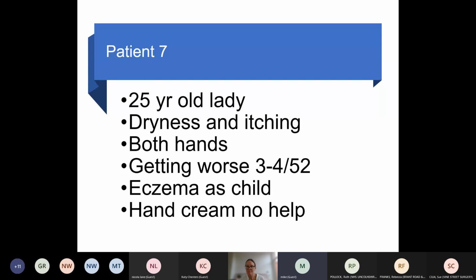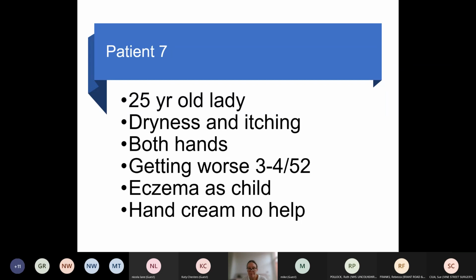Job. Her job, yeah, hairdresser. Anything else? Does she wear gloves at work? Good question. No, she doesn't wear gloves. Gemma's put on the chat, are there any vesicles?